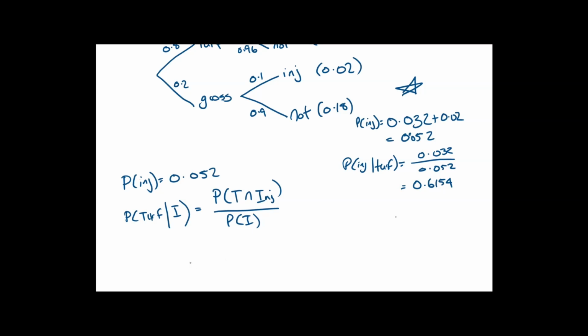So that's 0.032 divided by 0.052, which is what we had before, and it's 0.6154. So here's the algebraic way of doing it, and this is the intuitive way of doing it. Another way is to multiply it through by some big number and get the actual numbers, but you'll get the same answer anyway.